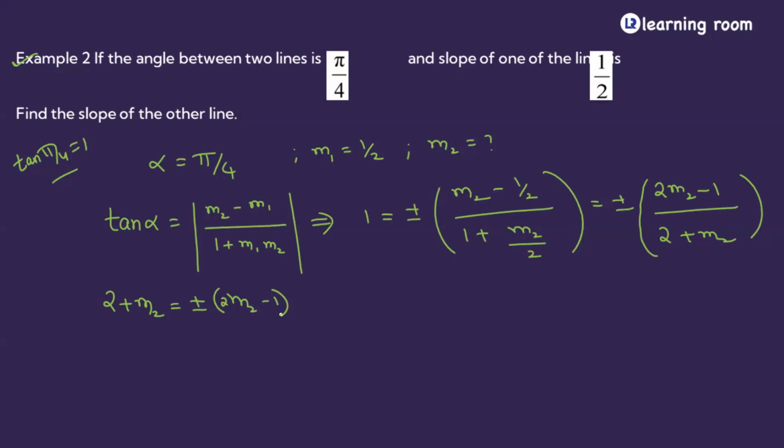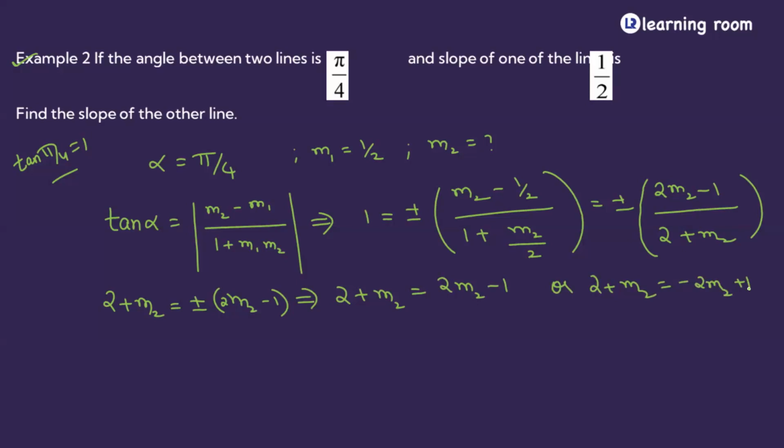So how many values of M2 are you going to get? You will get 2 values. How are those 2 values coming? By considering the plus ones and the minus ones. So from here, I can say 2 plus M2 is equal to 2M2 minus 1, when I consider the right-hand side to be plus. Or 2 plus M2 is equal to minus 2M2 plus 1.